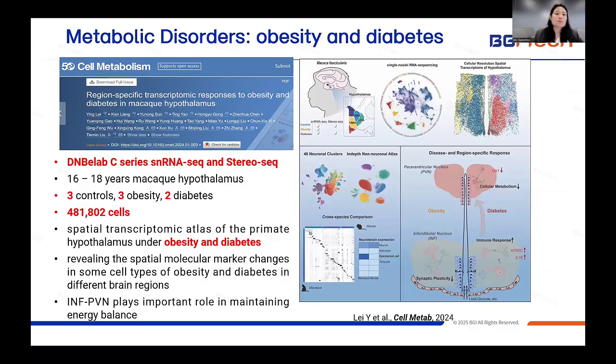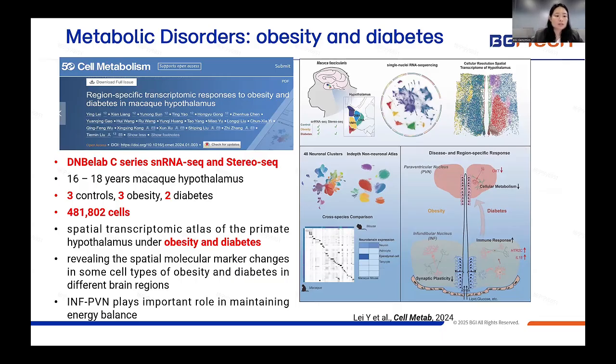The third one is about the application in metabolic disorders. It also combines single-cell RNA sequencing with Stereo-seq, and the samples are from 16 to 18 year old macaque hypothalamus. It includes 3 controls, 3 obesity samples, and 2 diabetes samples. In total, it captured nearly 500,000 cells.